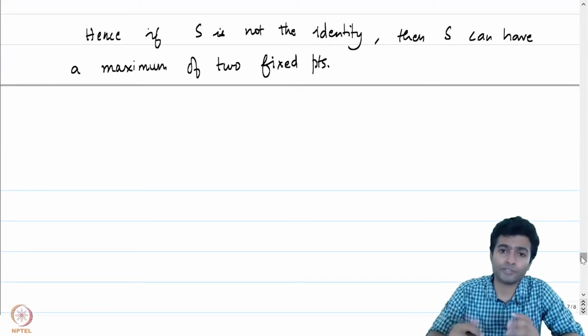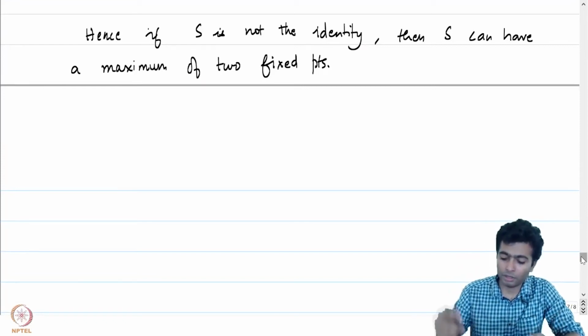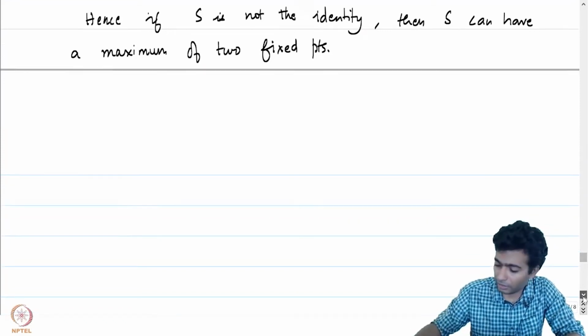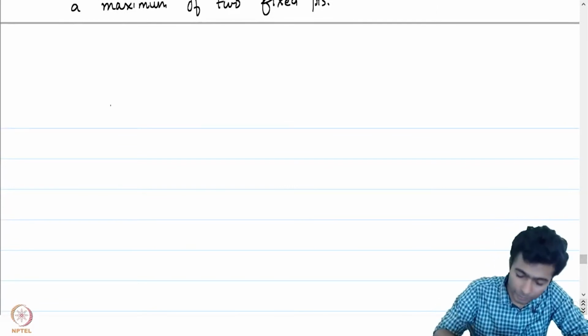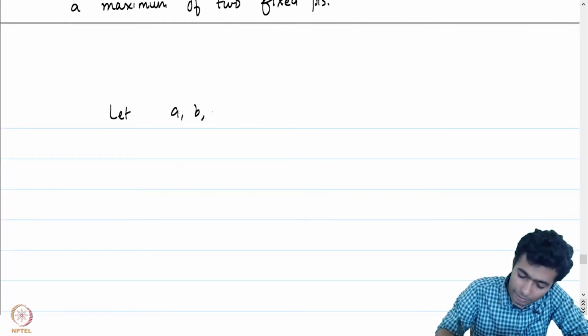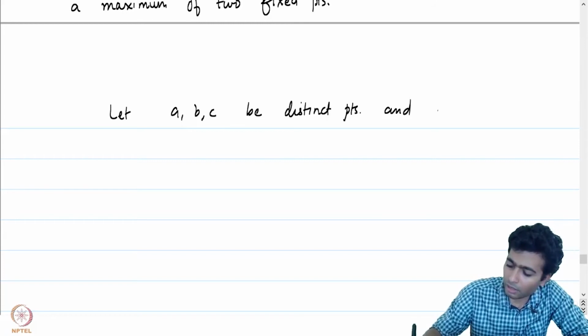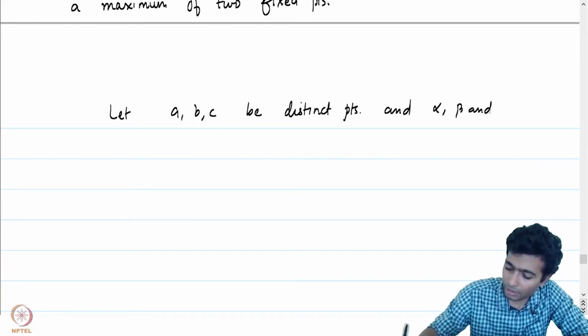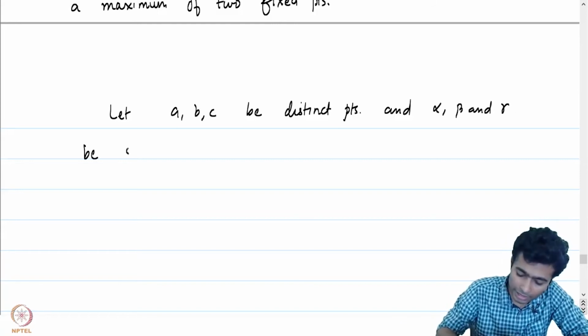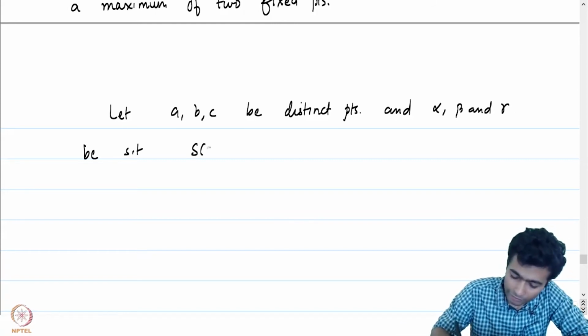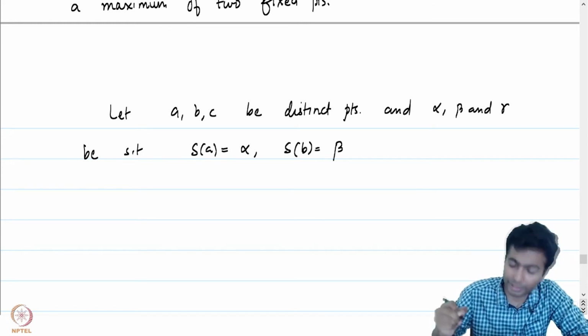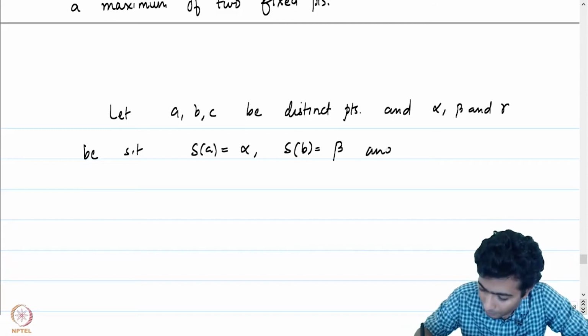This observation has far-reaching implications, because if you take 3 points, so let A, B, C be distinct points, and alpha, beta and gamma be such that S of A is equal to alpha, S of B is equal to beta and S of C is equal to gamma.